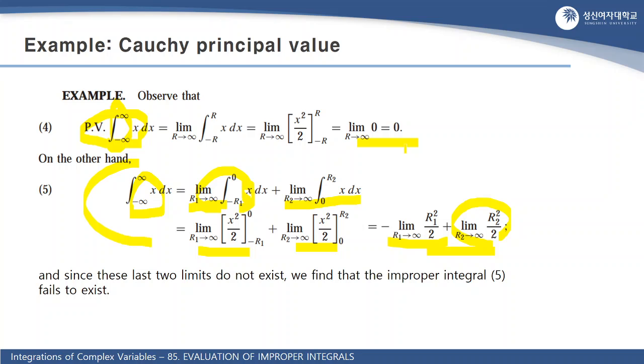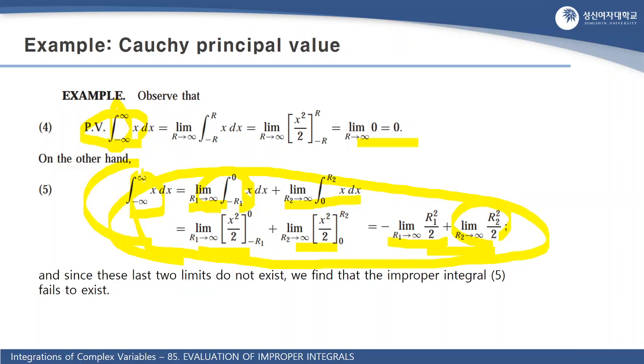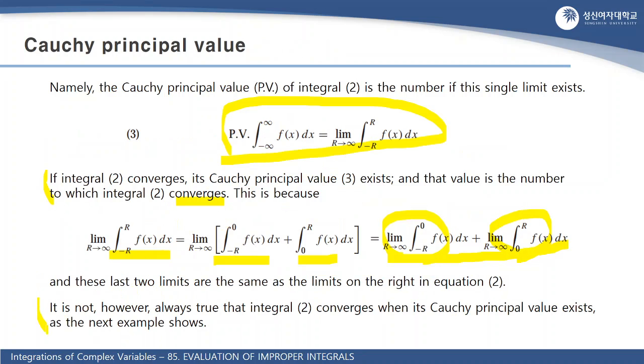So we see that the Cauchy principal value exists even though the improper integral itself diverges. This is an example for this statement.